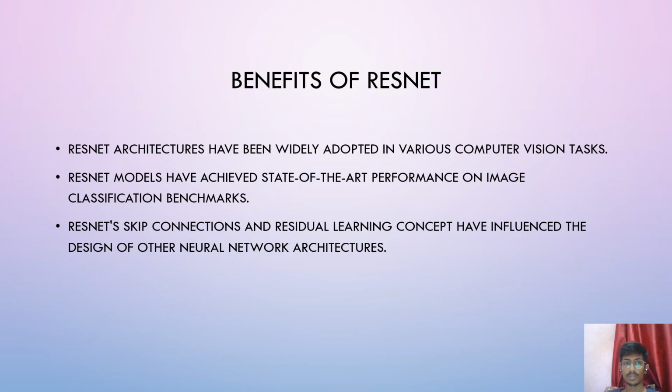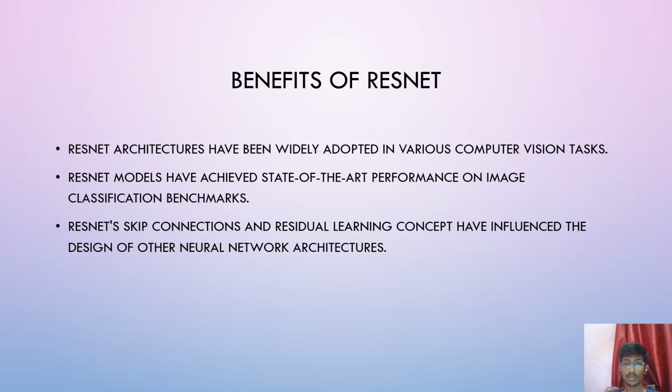Coming to the benefits, ResNet architectures have been widely adopted in various computer vision tasks. ResNet models have achieved state-of-the-art performance on image classification benchmarks. Usually one image has a billion features in it, based on light, color, size, shape, and what kind of objects are inside the image.